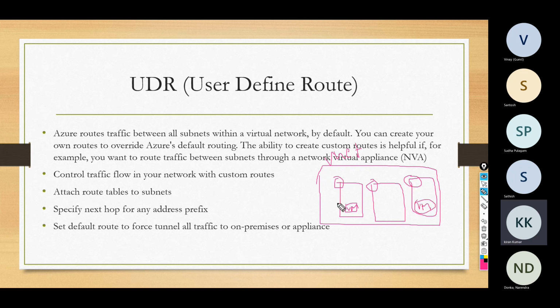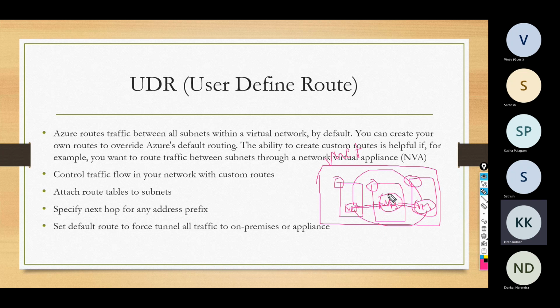Before the route table, this VM communicates with that VM directly. In the middle you will keep the NVA, the network virtual appliance. After associating the UDR, that VM's traffic will go to the network virtual appliance, and after that it will go to this VM. Likewise, with the route table associated here, this VM's traffic also goes to the network virtual appliance, and then to the other VM.